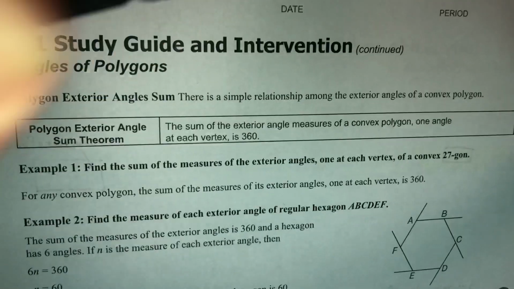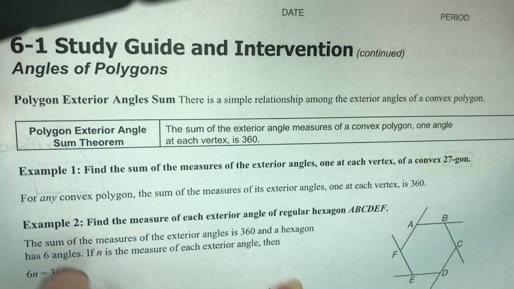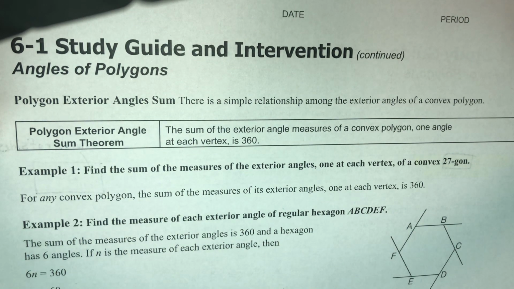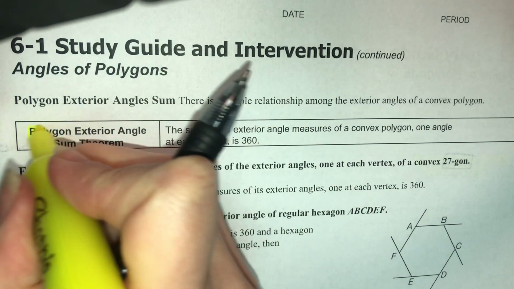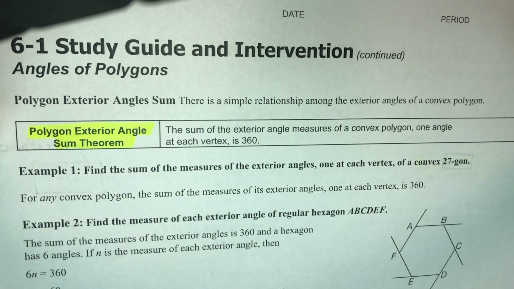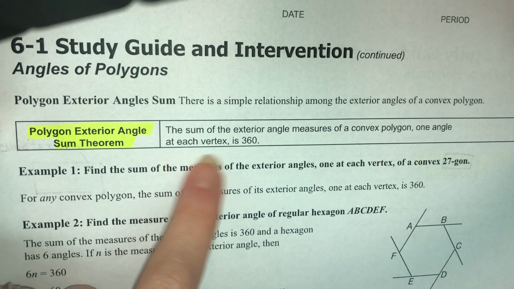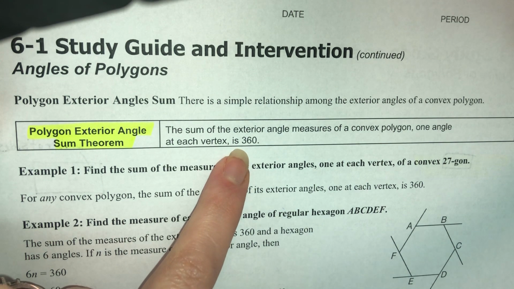Okay, on to the back. We have here the polygon exterior angle sum theorem. The sum of the exterior angle measures of a convex polygon, one angle at each vertex, is 360 degrees.